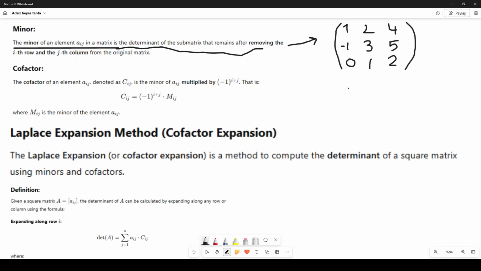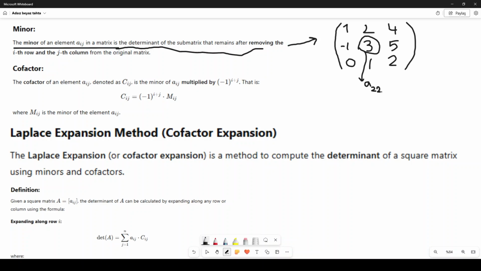We know what a minor is, and if I want to find the minor of an element in this matrix, for instance, the element I just circled in black, which is the 2, 2 component of this matrix, a 2, 2 component.